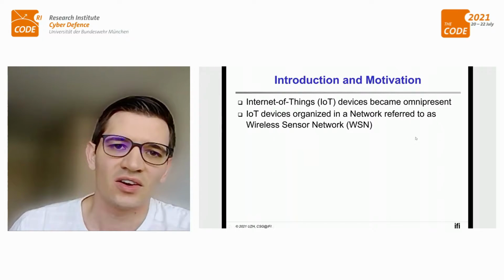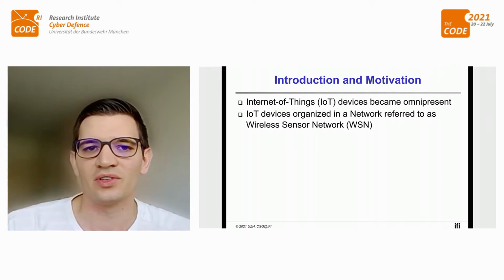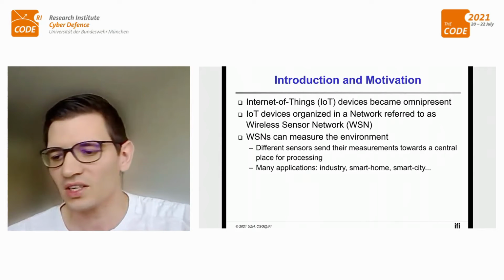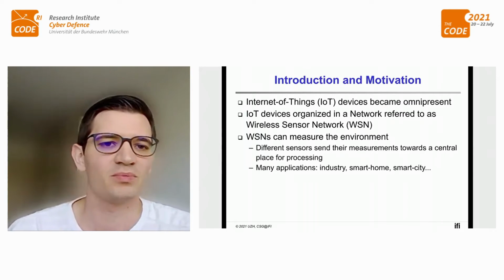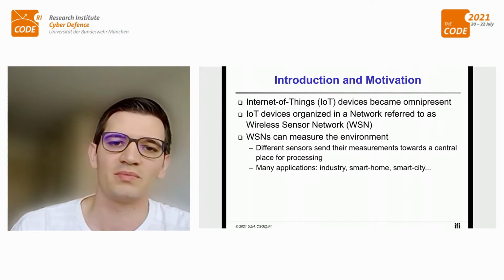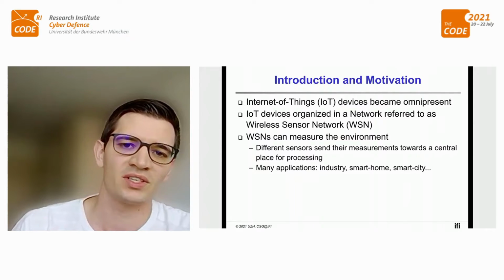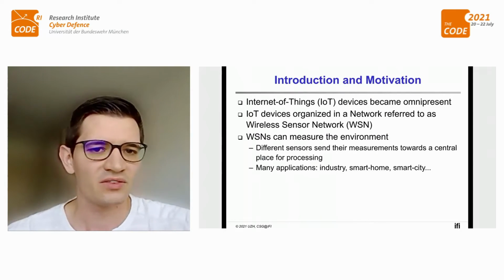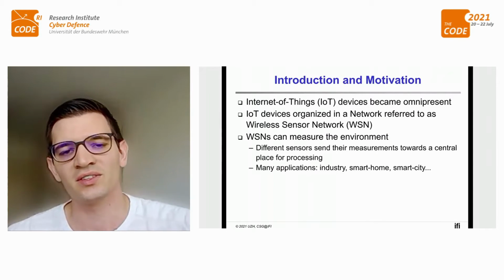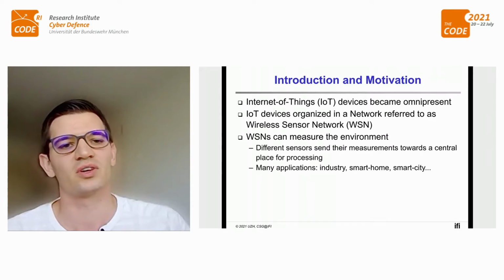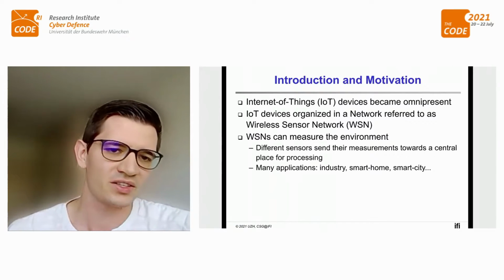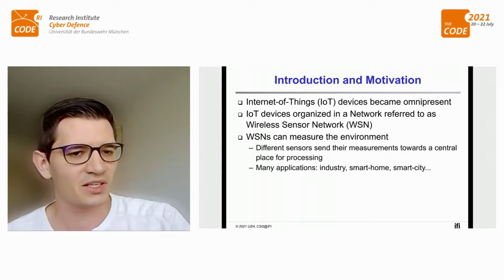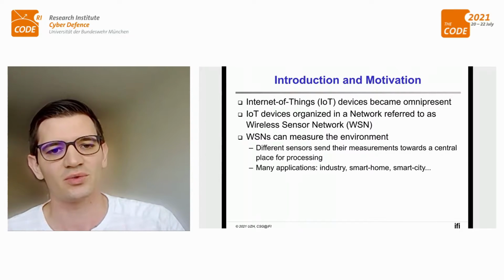IoT devices that are organized in a network are referred to as wireless sensor networks. And wireless sensor networks can be used to, for example, measure the environment using temperature, humidity, or light sensors. The different sensors in the network need to send their measurements towards a central place where the data can be processed. There are many applications of wireless sensor networks.